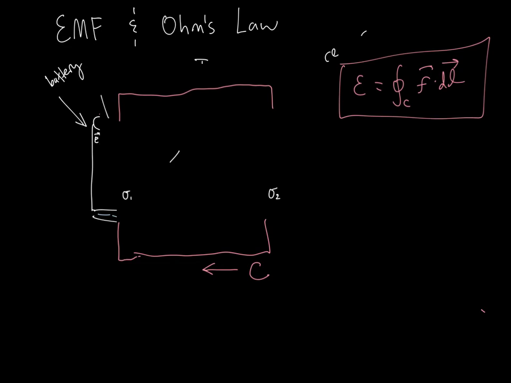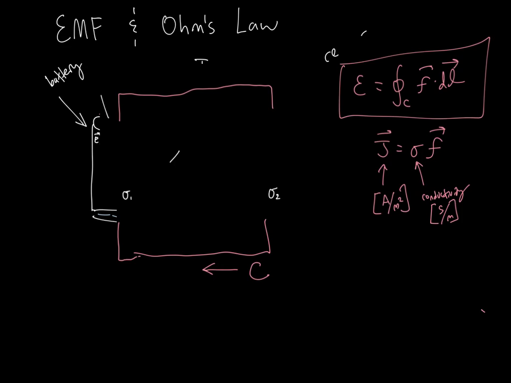Now the general form of Ohm's law states that J is equal to sigma times f. J is the current density, and its units are amps per meter squared. Sigma is the conductivity in Siemens per meter.